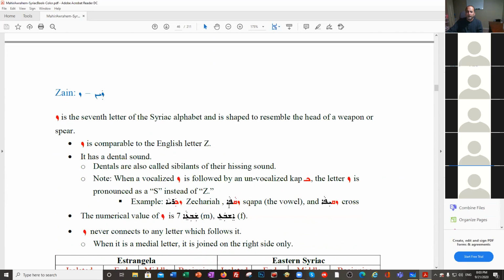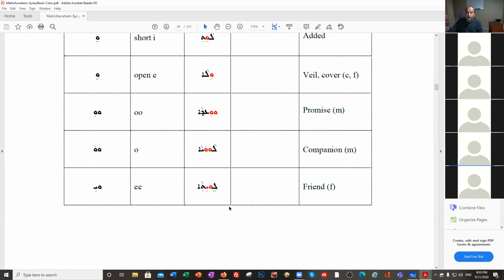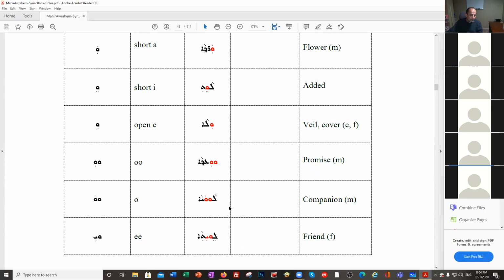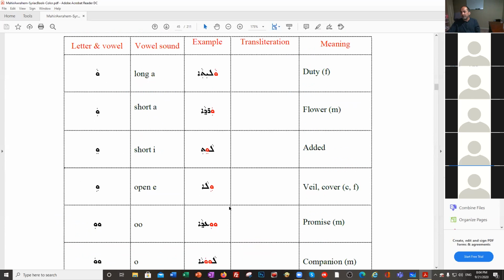Yes, I have a quick question about wow. What's the difference between wow and the Beth with the dot underneath it? The sound is the same. The only thing is the spelling gives you a different one. For example, for father we say awa, with Beth and a dot underneath. If I say awa with the wow, someone will ask, are you trying to say father?